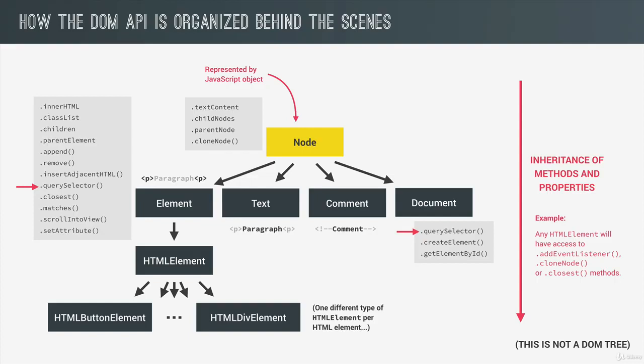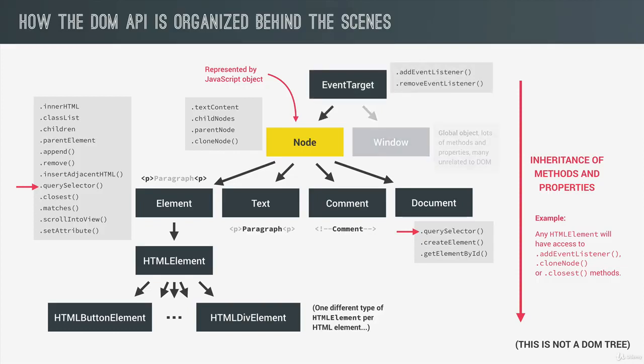Well, it's because there is a special node type called EventTarget, which is a parent of both the node type and also the window node type. And so with this, thanks to inheritance, we can call addEventListener on every single type of node in the DOM API. Because all elements, as well as document and window, and even text and comment, will inherit this method.